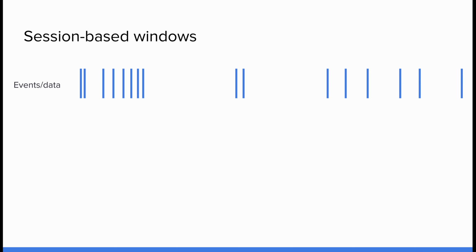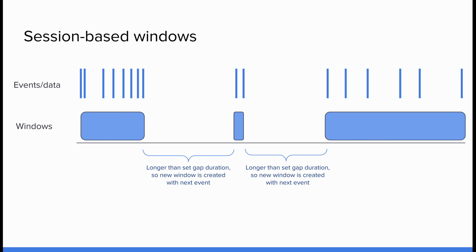If these gaps in data are longer than the gap duration that we have set for our session-based windows, then the next event will start a new session or a new window. So now let's look at a visualization of what the corresponding windows might be like for this data. Because the big white areas are gaps that are longer than the gap duration that we have set, that means that the preceding data point is actually the end of the window.